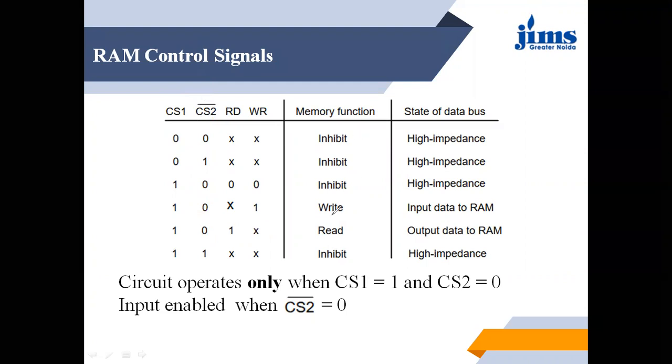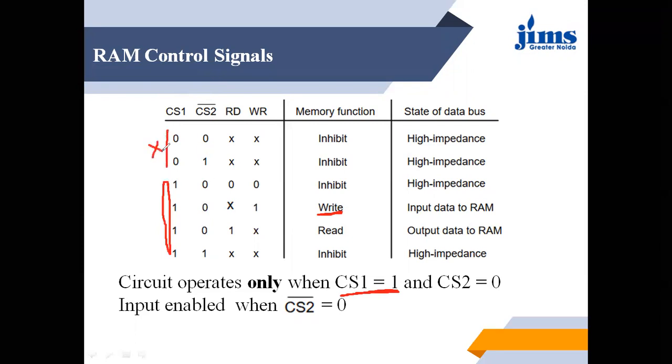Now, when we have to perform a write signal, in that case CS1 should be 1. So CS1 is 1 in this case. So the operation is going to be performed in any of these 4, means not in these 2.